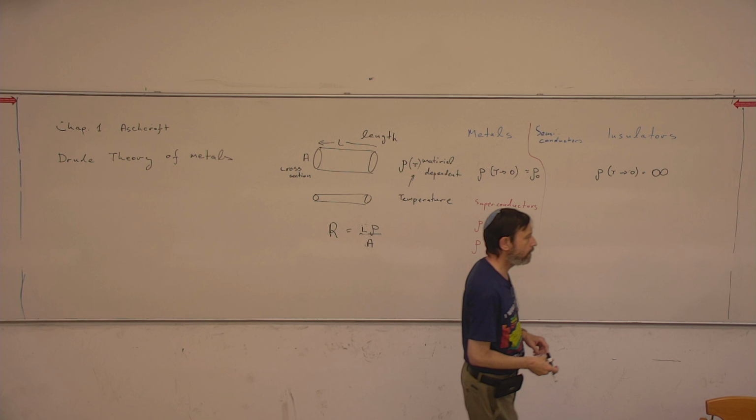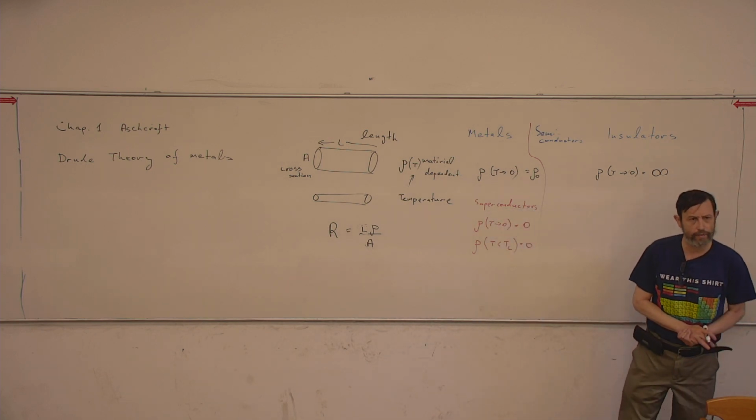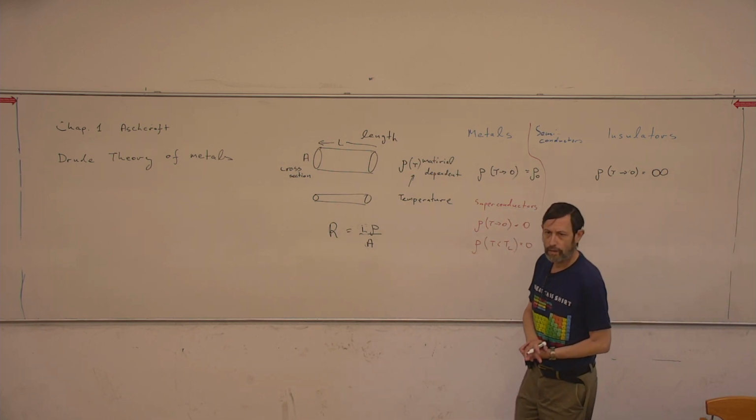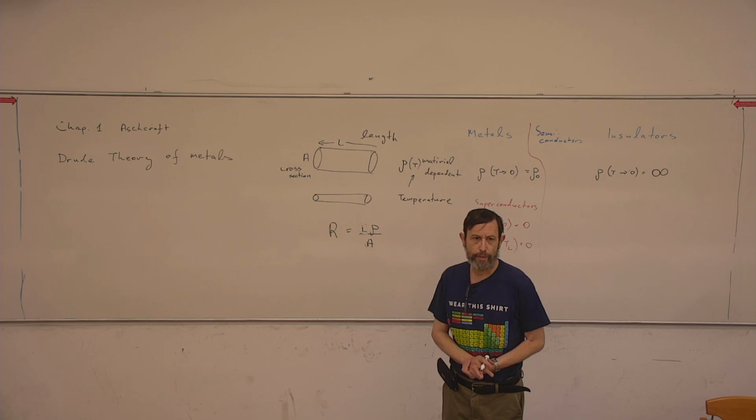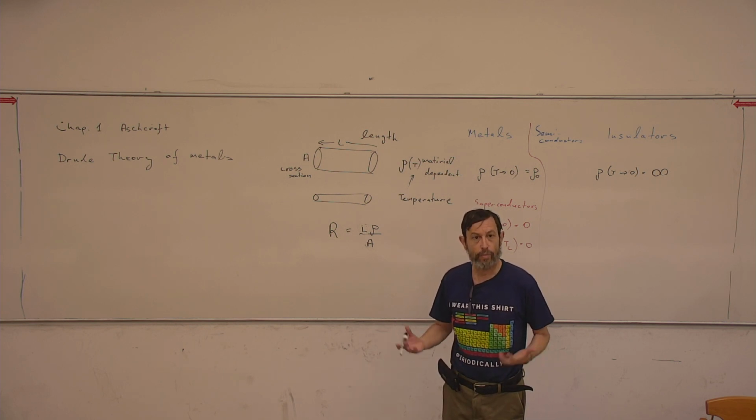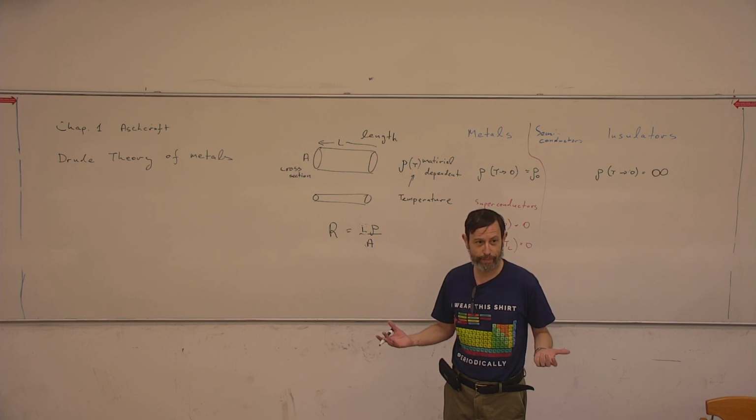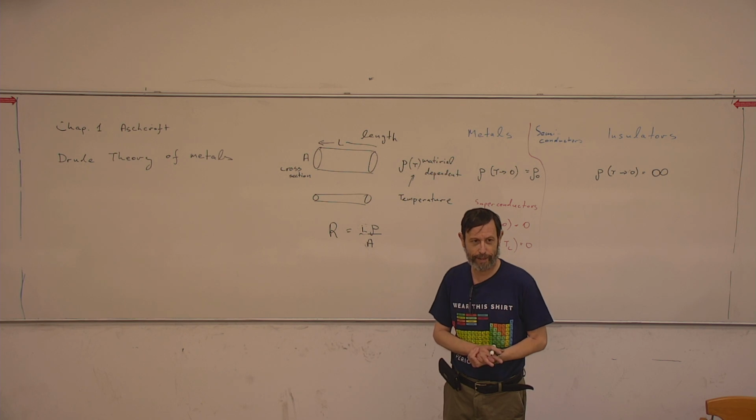So remember, it's about 1907. The term electron was introduced just 10 years previous to that time.